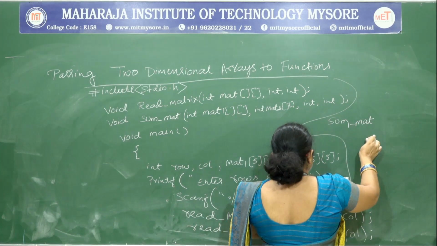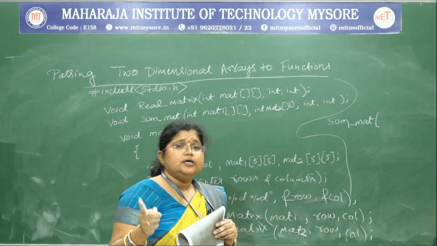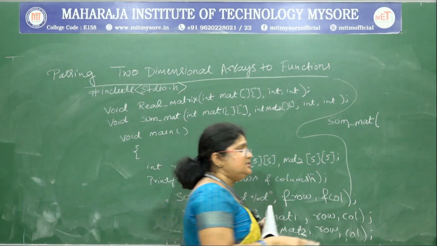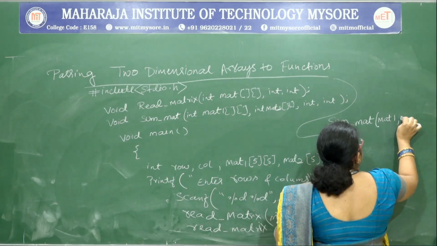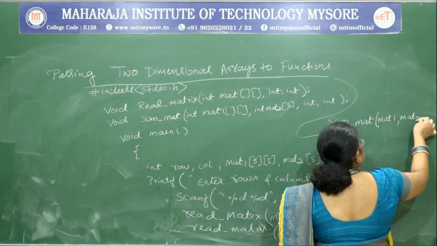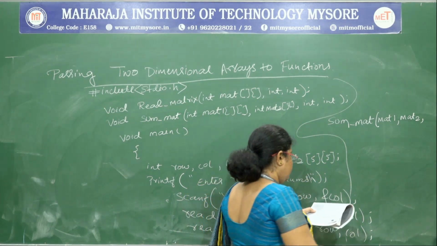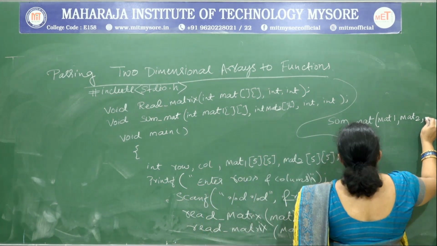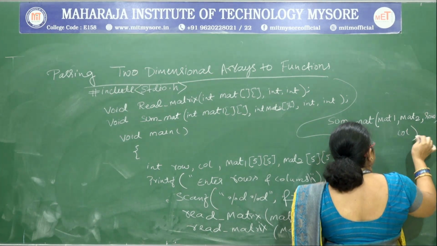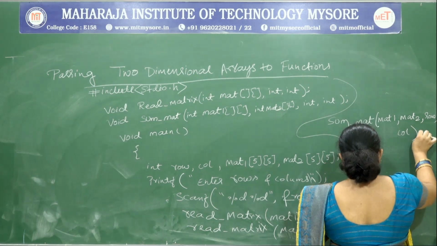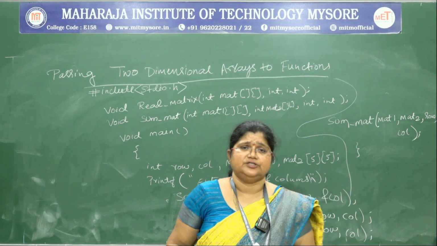Whenever we are calling this function sum underscore mat, we pass two matrices, that is mat1 comma mat2 comma rows and columns, size of the row and size of the column, that is ROW, row comma COL, column. We are going to call this, and this is the end of the main function.